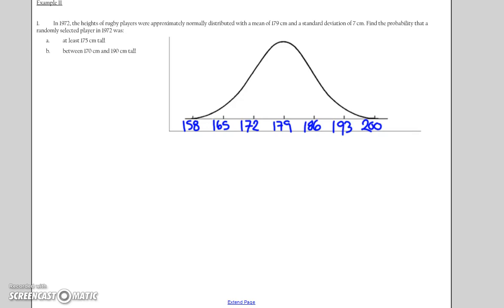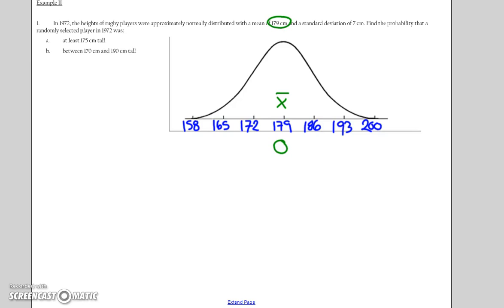Hopefully this looks familiar. We'll see the 179 from our problem up above, and we're told that's our mean. I like to draw the mean right above it, just so I know myself this is the mean, and I don't make any mistakes. I also can then go ahead and write 0.